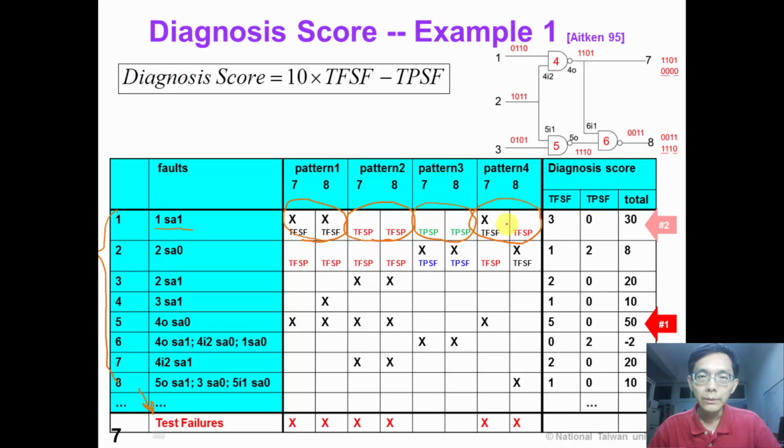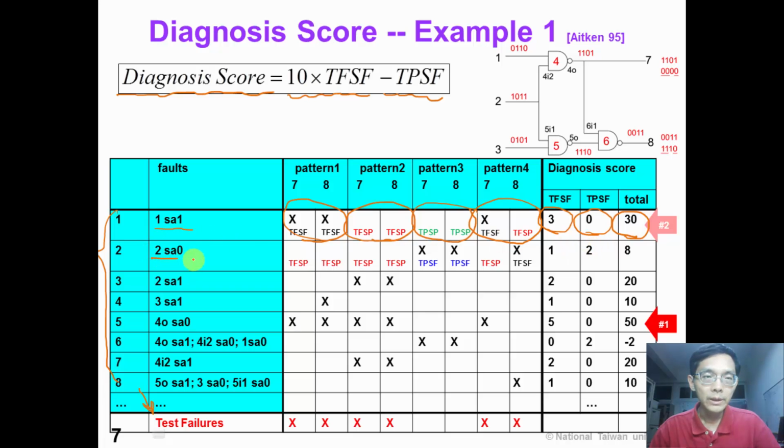So, given this comparison result, totally we have 3 TFSF and 0 TPSF. Let's define the diagnosis score as 10 times TFSF minus TPSF. Given this equation, we can calculate the diagnosis score of this fault to be 30.